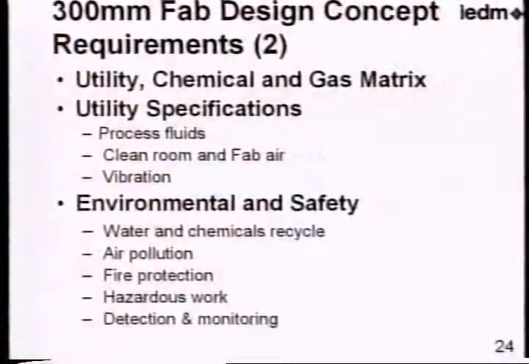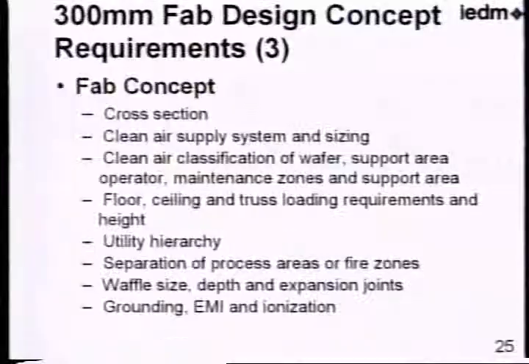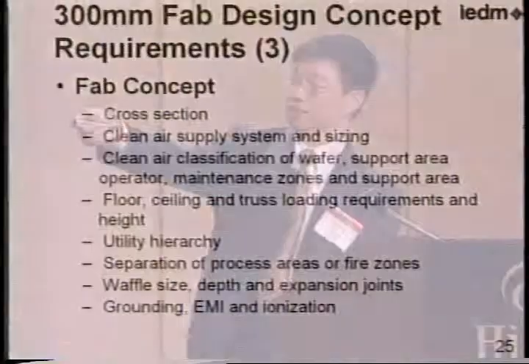So once those philosophies are decided, then you can do your floor layout plan. After that, on that two-dimensional plot, you add your utilities, put some numbers in, and then environmental concerns. And then you can start on the third dimension, the cross-section point of view, and see what kind of return and things like that.